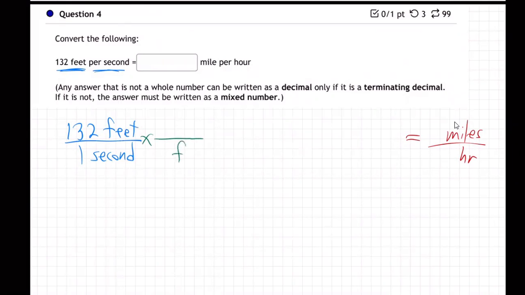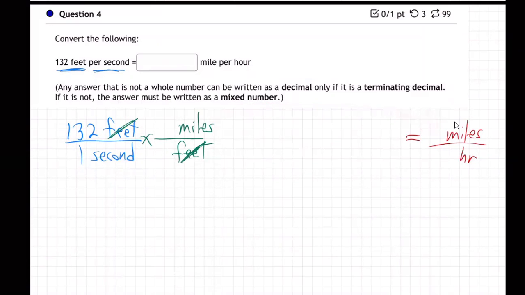We're going to put feet on the bottom because you want feet to cross cancel, right? And if you want feet to cross cancel, what are we going to put on the top? Well, what we want on the top is miles. That's our goal in the end here.